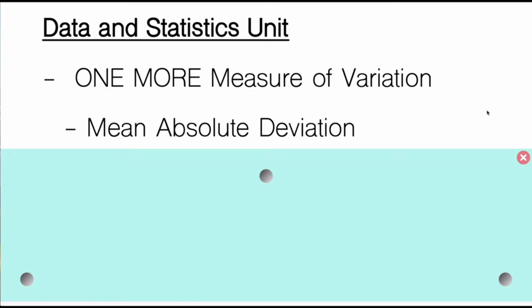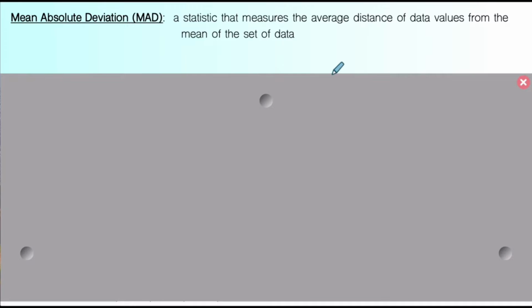It's a little crazy, but you'll be able to do this, I think, really well after a bit of practice, and I hope I can explain it in a way that helps you understand. So here we go. Mean absolute deviation is a statistic that measures the distance that data values are from the mean, from the average of the set of data.